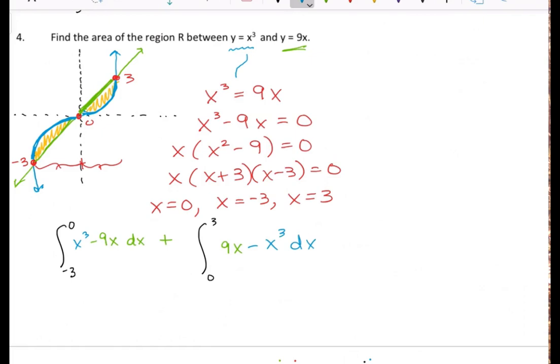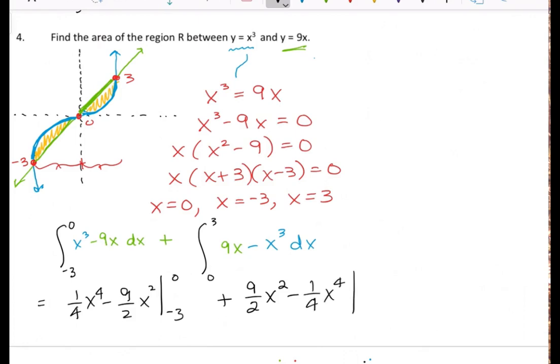Now, if I go ahead and integrate, I'm going to have coefficient over exponent plus 1 minus coefficient over exponent plus 1, and that is going to be evaluated from -3 to 0. And then we're going to add that to coefficient over exponent plus 1 minus coefficient over exponent plus 1, and that's going to be evaluated from 0 to 3.